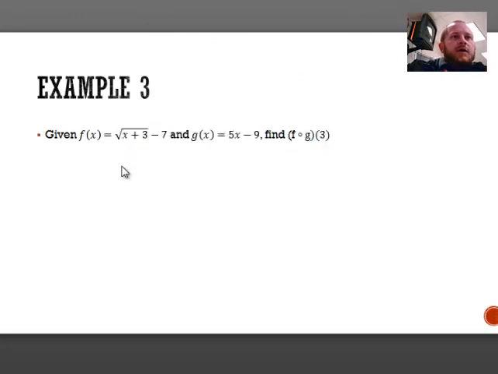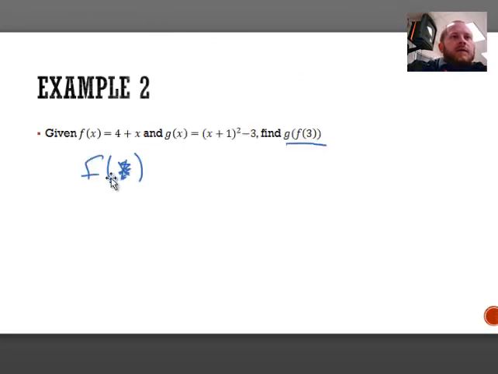Let me fix this for you. We're going to give f the x value of 3. So wherever we see x, we're going to put a 3 instead. That means my value for f of x at this point is 7 when x is equal to 3.